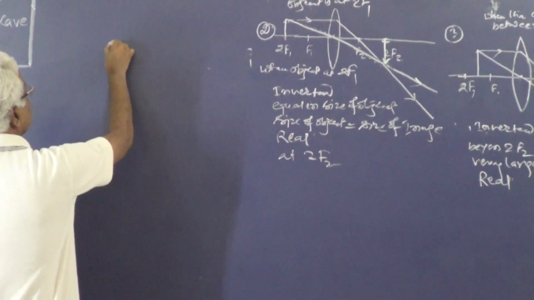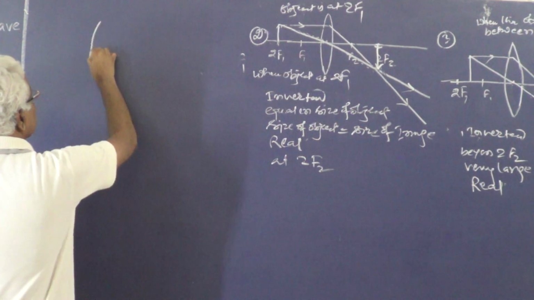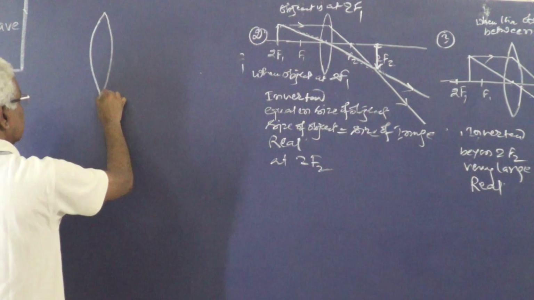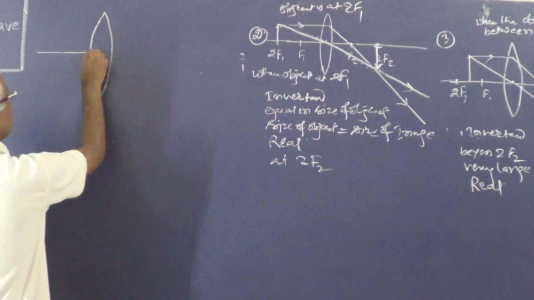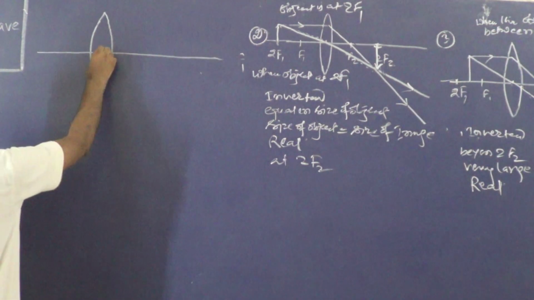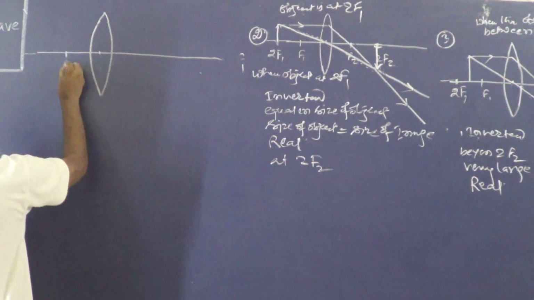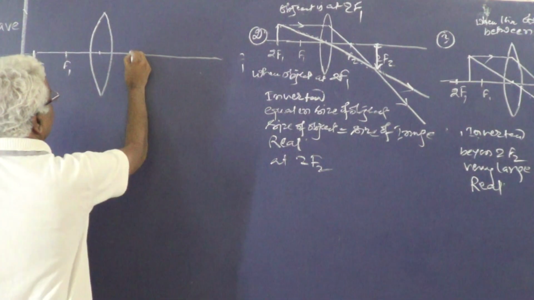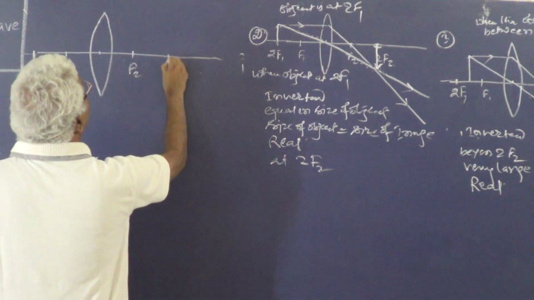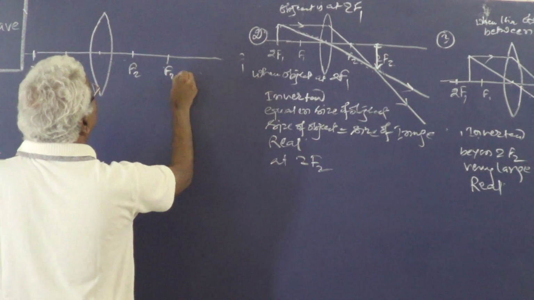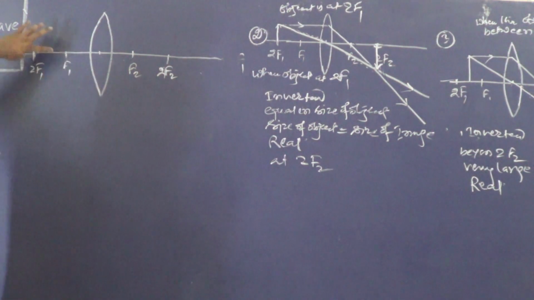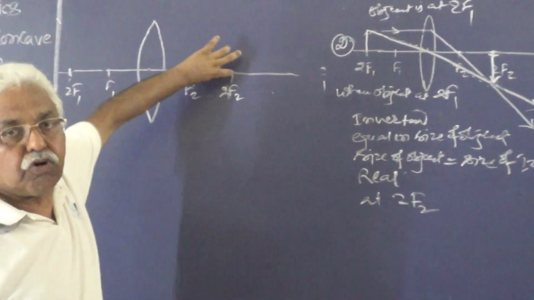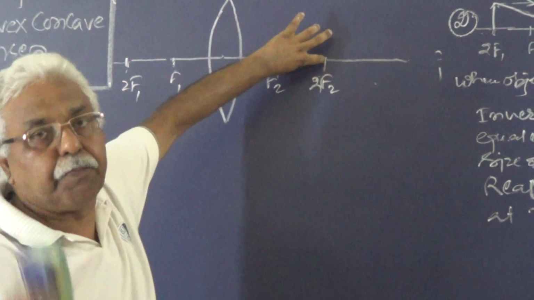Now take the fourth case. It is your principal axis. It is your F1 and 2F1. Here F2 and 2F2. This is a point to pay attention to: this is equal to this and equal to this, so all should have equal distances.